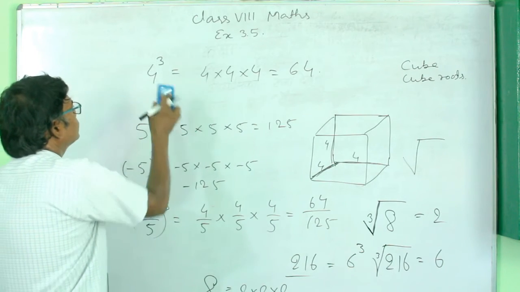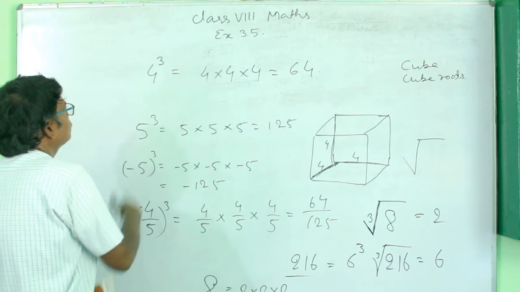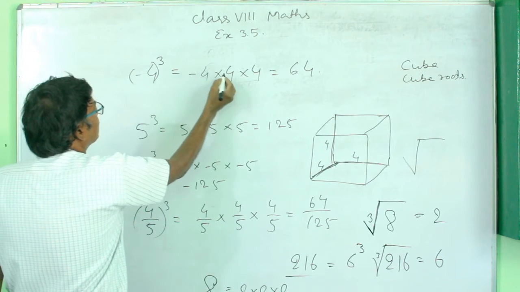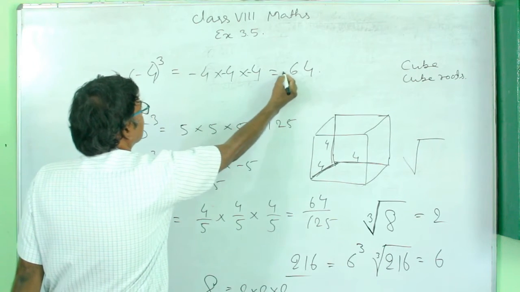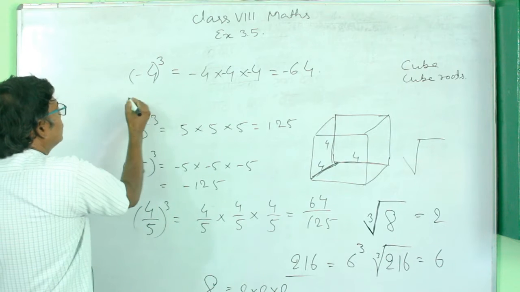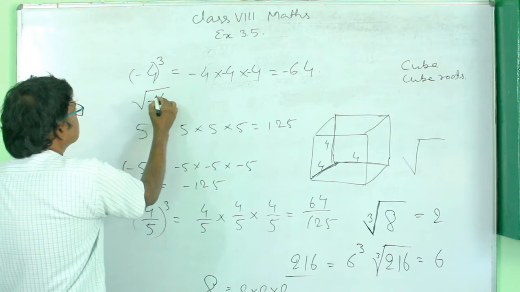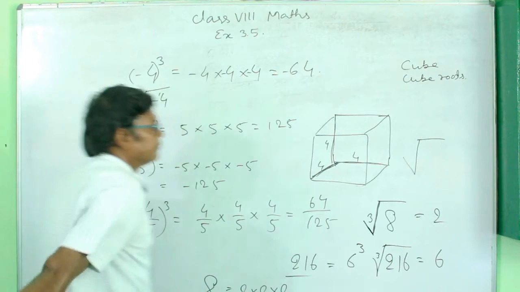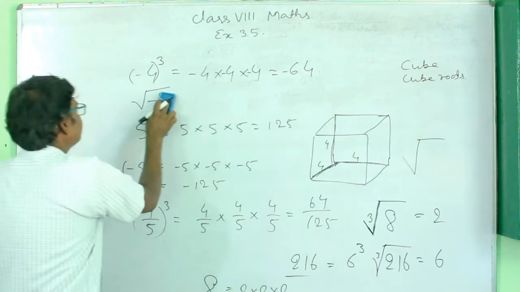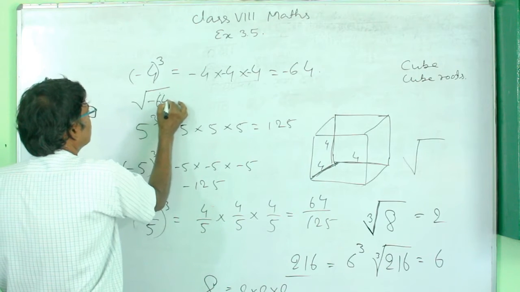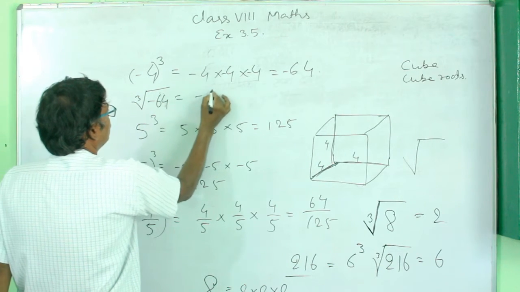Suppose this is minus 4, take minus 4 cube. Then it will be minus 4 into minus 4 into minus 4, which is minus 64. So the cube root of minus 64 will be equal to minus 4.